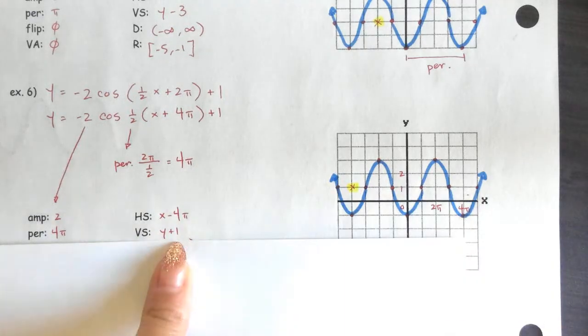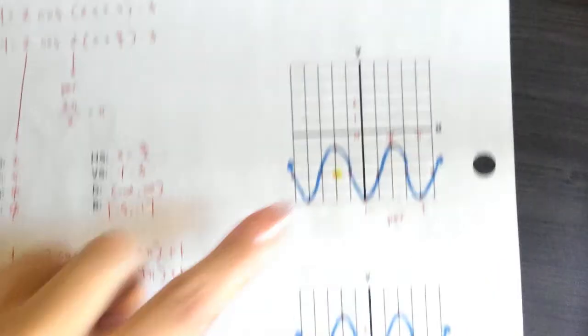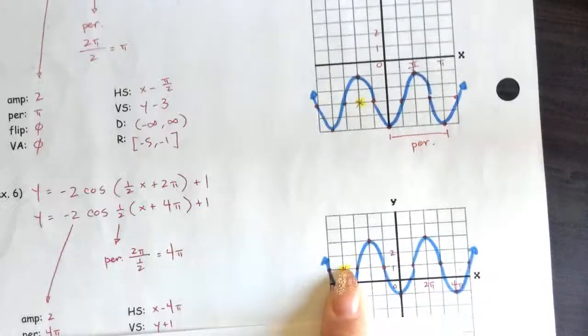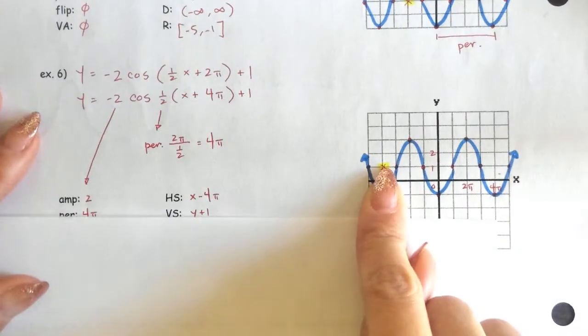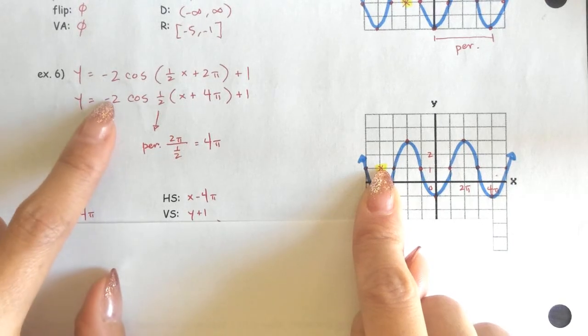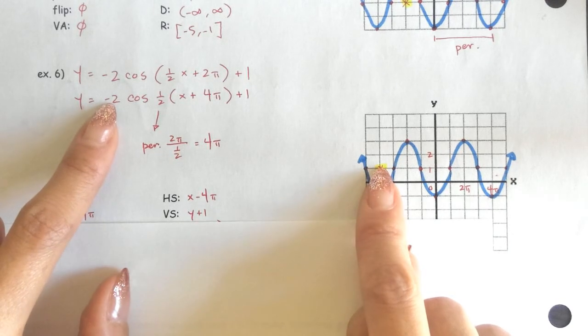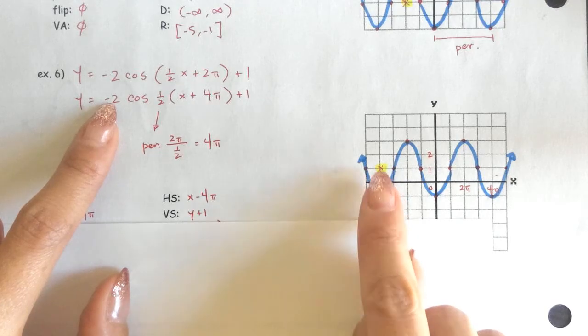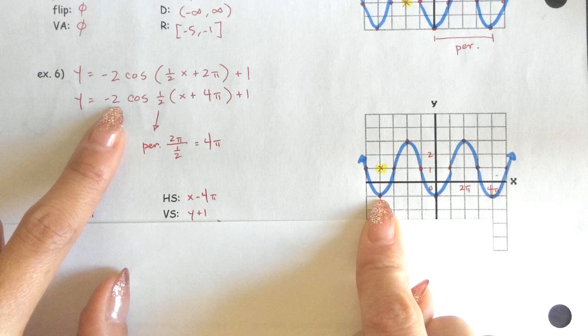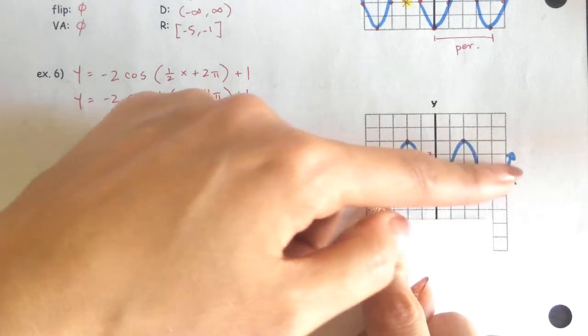From my fake origin, what normally happens, again, what normally happens? I go up 1. Do I want to go up 1? I look at my amplitude. No, actually, I want to go, see right here, there's a negative. I want to go down 2. So instead of going up 1, this is -2, I go down 2. So this is how I start. This is my midline.